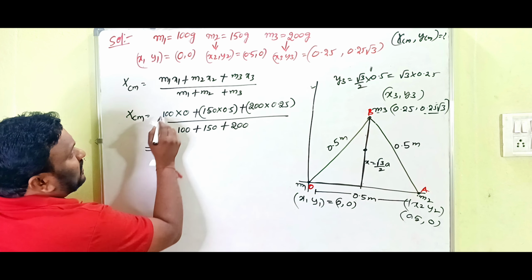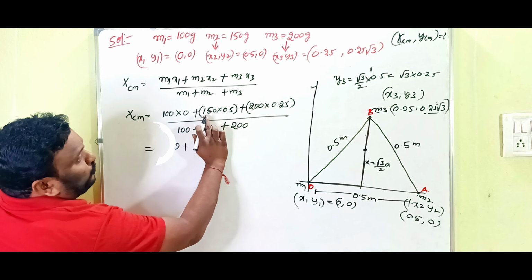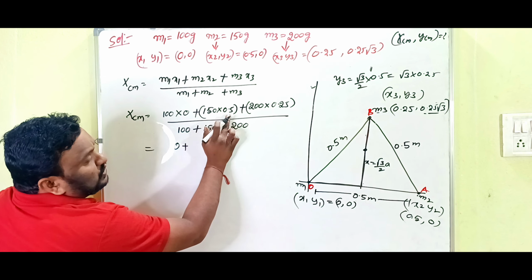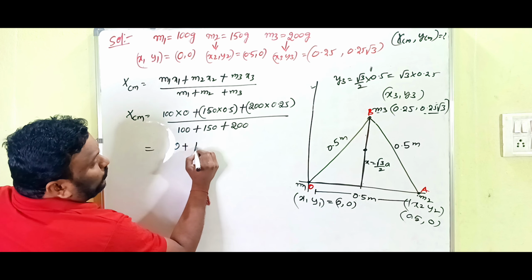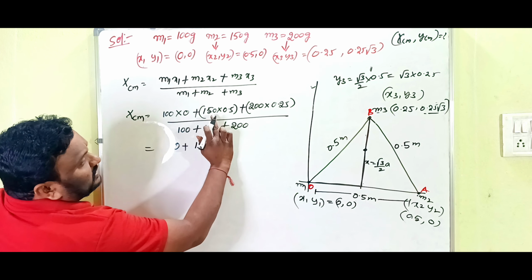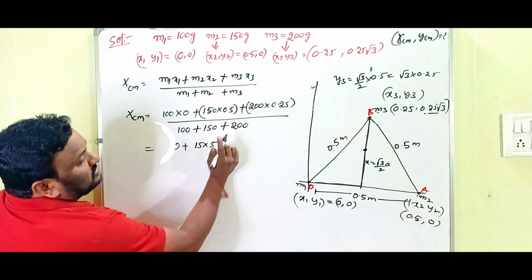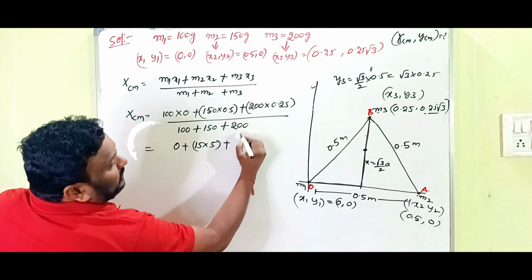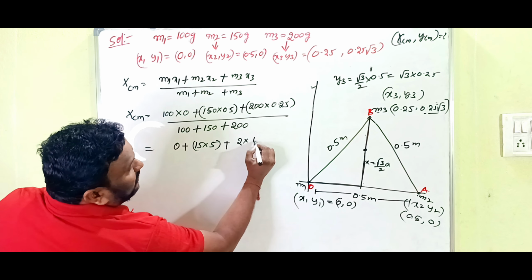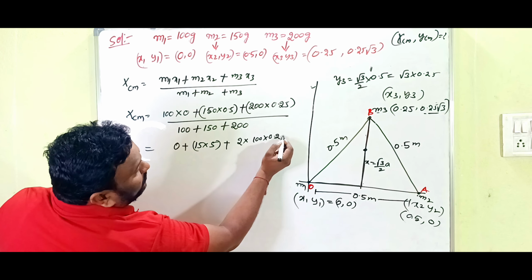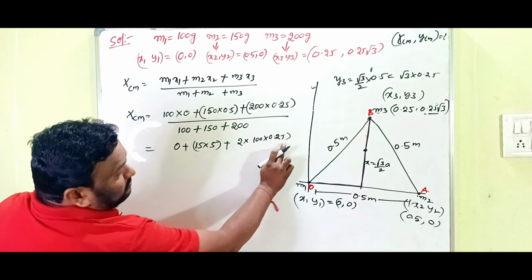So 100 into 0 is 0. 150 into 0.5, how can we write? 15 into 5, that is 75. Plus 200 into 0.25, that means it becomes 50.